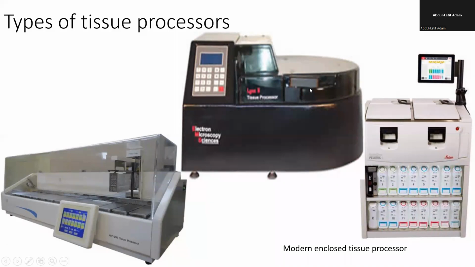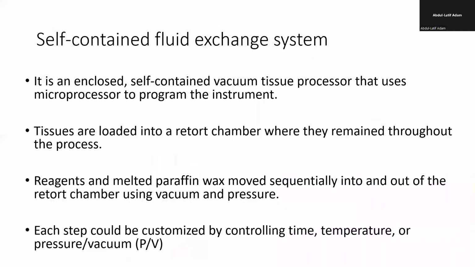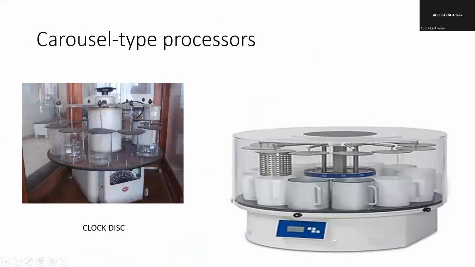Okay, this one also includes being self-contained, and it also reduces spillage, because the tube is attached to all these containers. They blow through the tube, so it doesn't cause spillage. Not like the carousel type, where the tissue will rise and then drain and move.